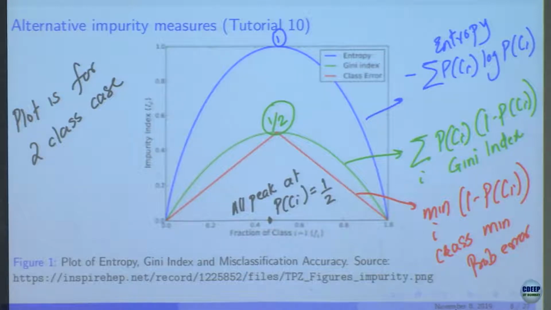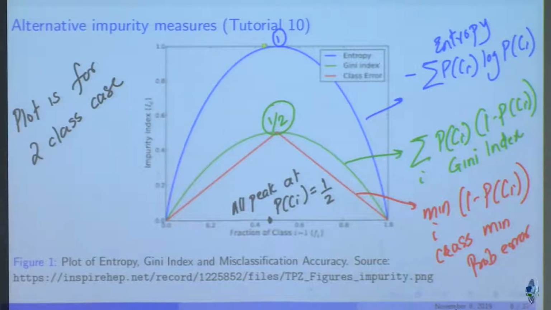In some sense, entropy and Gini index pick up much faster than class min probability error, but then they flatten out around 0.5. Which means that I don't want to consider 0.4 to be too different from 0.6 or 0.5. I want them to be treated at par.